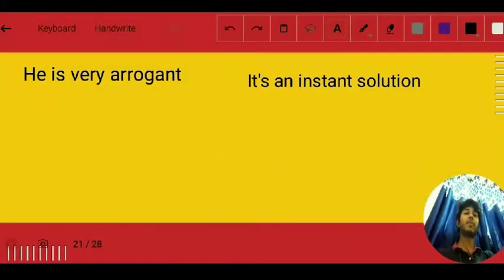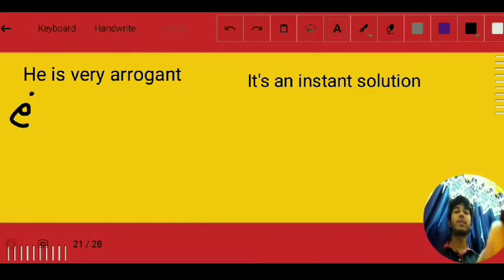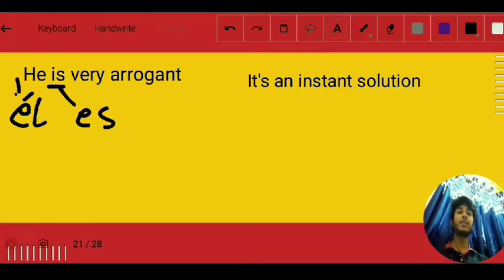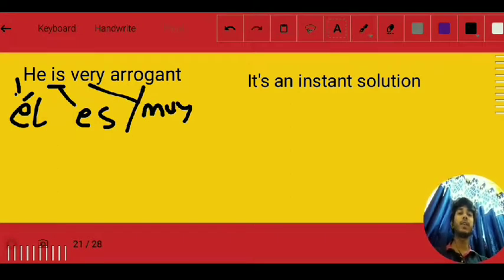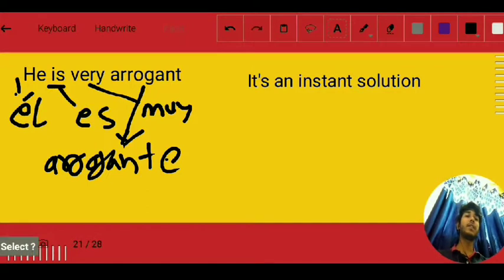He is very arrogant. The Spanish word for very is muy, and for arrogant is arrogante. So for he we are going to write él, for is we write es, for very we write muy, and for arrogant we write arrogante. Now here we have another sentence: it's an instant solution.